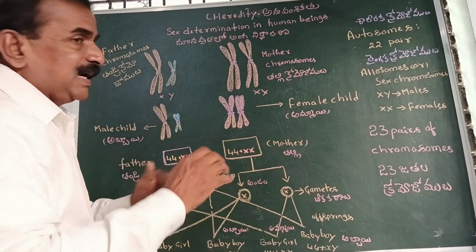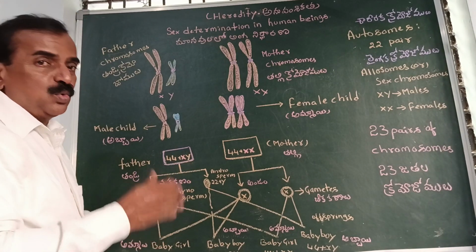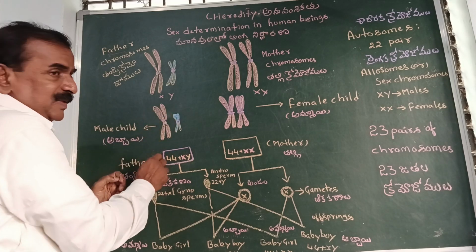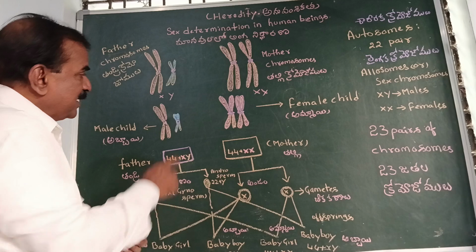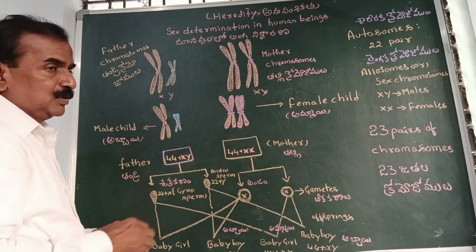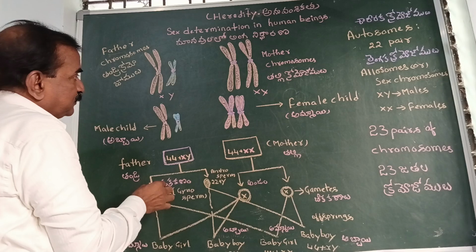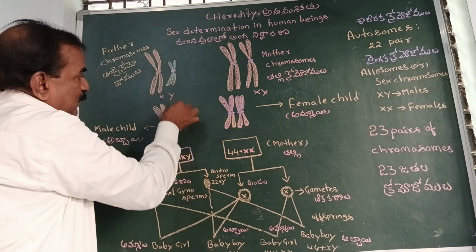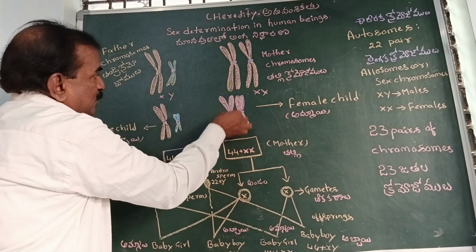So at the time of reproduction, males produce two types of sperms. If a sperm is fertilized with an ovum, it leads to formation of a zygote, you know well. This is X and this is Y, and here you see XX chromosome.